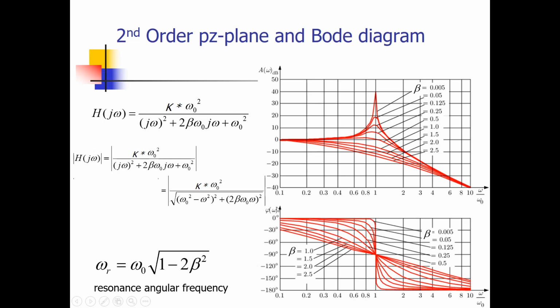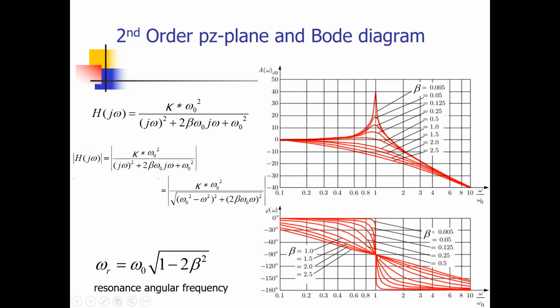Well, looking at the phase diagram, we have seen for a first order system that it starts off at 0 degrees for low frequencies, and for higher frequencies it ends up at minus 90 degrees. But this is a second order system, so it ends up at minus 180 degrees. And depending on the value of beta, you see how this phase characteristic goes from the low frequency part to the high frequency part.